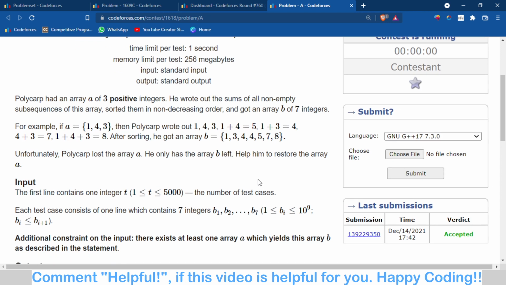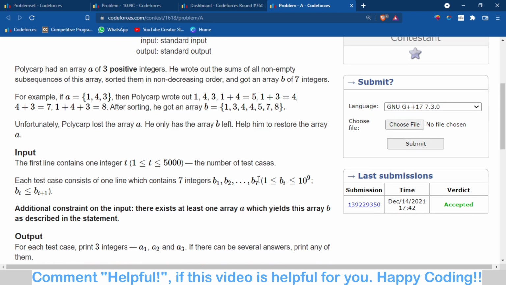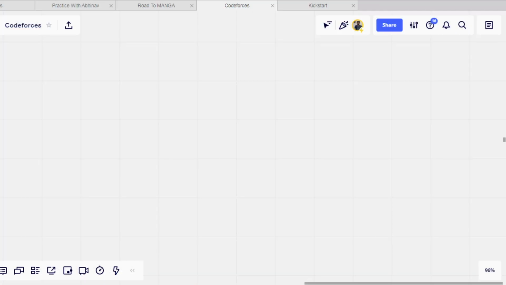So an array of size 3 contains 2 to the power n minus 1 subsequences, if you know. So there are 7 subsequences and you are provided with the sum of the elements of these subsequences. And you have to find the corresponding array A to that particular array B.